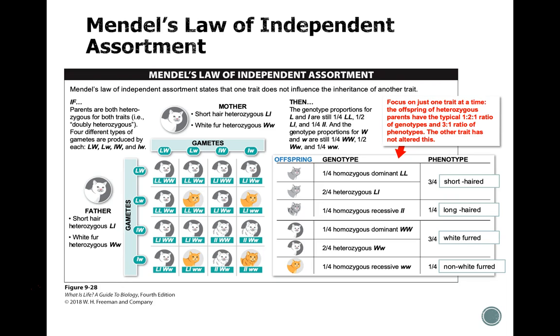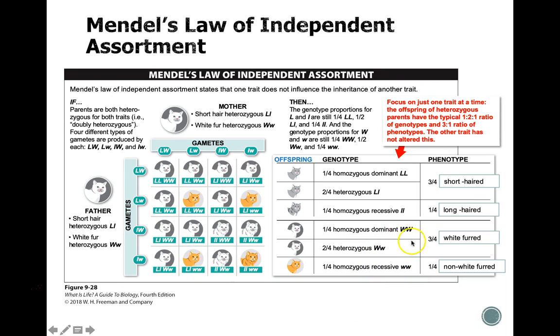Basically this chart is saying that these events are individual events. So if you were to just look at the fur, the short hair versus long hair, you would get 3 out of 4 individuals being short-haired, 1 out of 4 individuals being long-haired. And if you were to tally these up, that is what you would see.